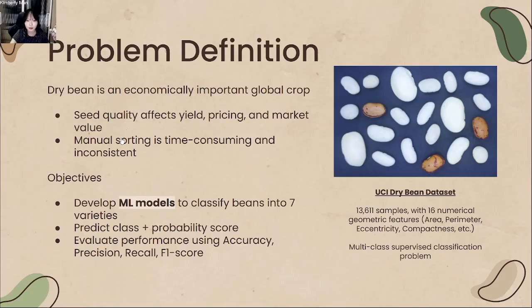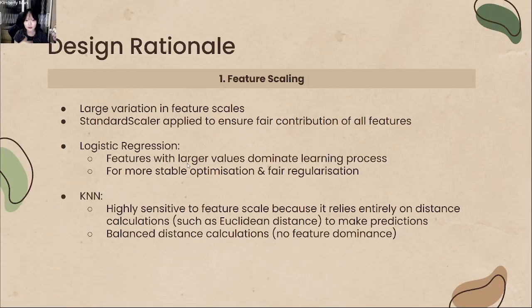This is a supervised multi-class classification problem where the models are trained to predict the bean type along with a probability score. For our design rationale, the first thing that we observe is that there's a large variation in feature scales. For example, the feature area has values in the tens of thousands, while other features have values closer to 0. Without scaling, the features with larger magnitudes could dominate the learning process.